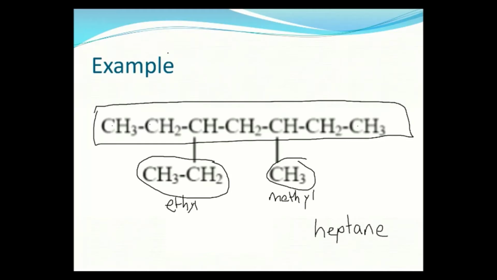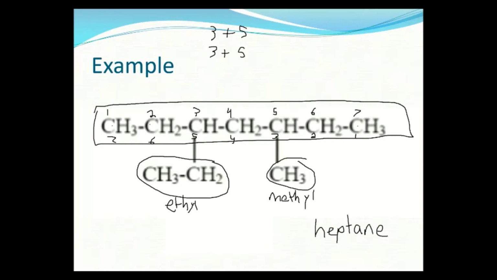So now we just need to indicate which carbons those go on. So we can count this way. We can go 1, 2, 3, 4, 5, 6, 7, where they would be on 3 and they would be on 5. Or I can count this way, 1, 2, 3, 4, 5, 6, 7. And if I count that way, they can be on 3 or 5.